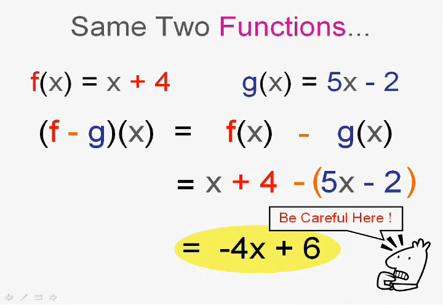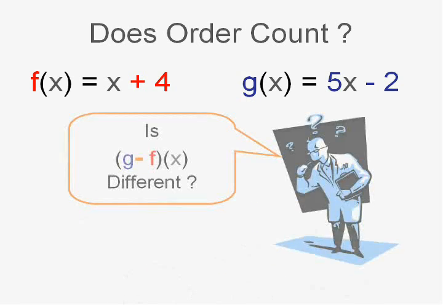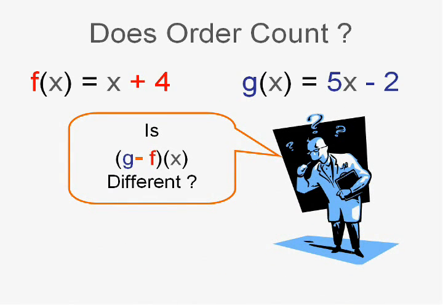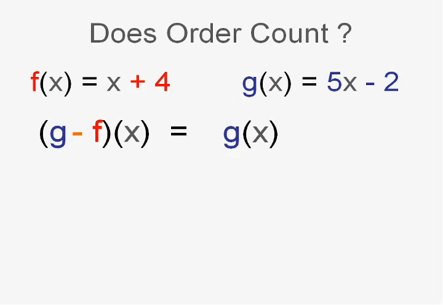Another thing to remember about doing subtraction is that order does count. If we flip it around, g minus f of x is going to equal g of x minus f of x. And we're still going to want to use our parentheses.